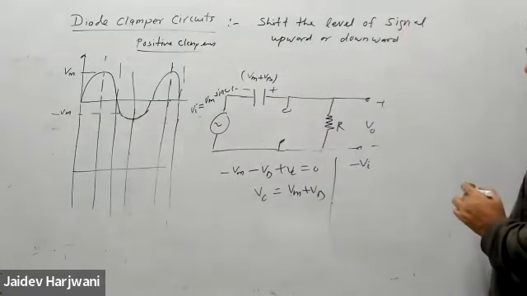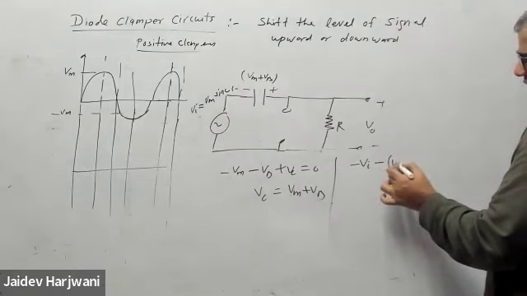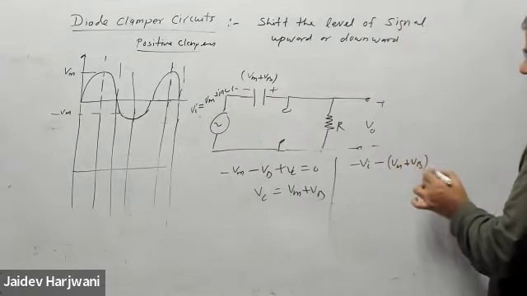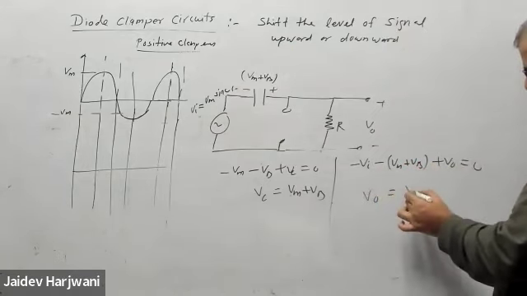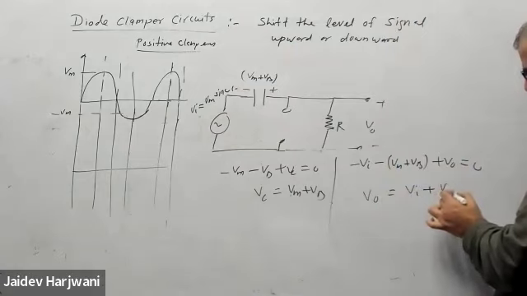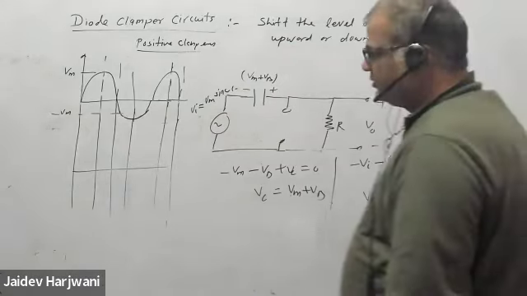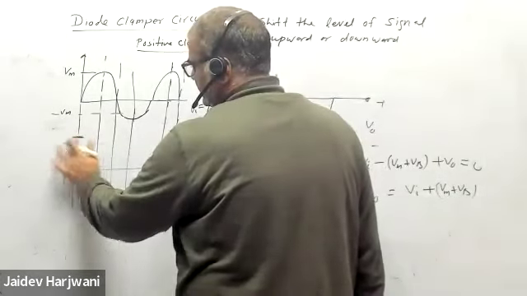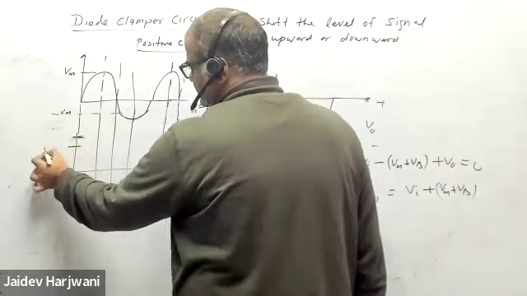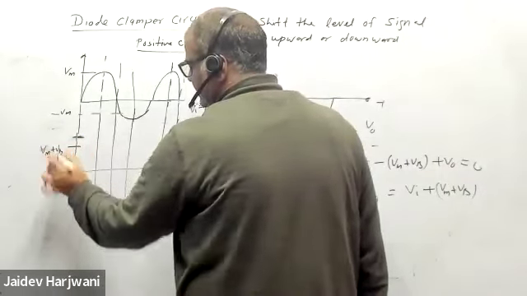So now this is minus VI minus VM plus VB plus V naught equals 0. So V naught equals VI plus VM plus VB. If the input is 0, the output will go somewhere here, at VM plus VB.